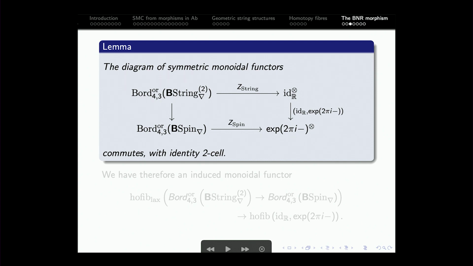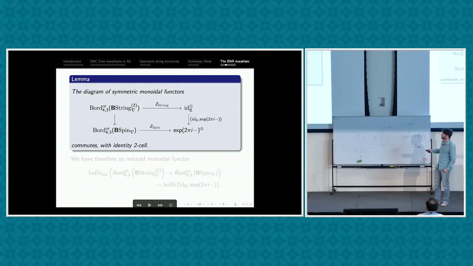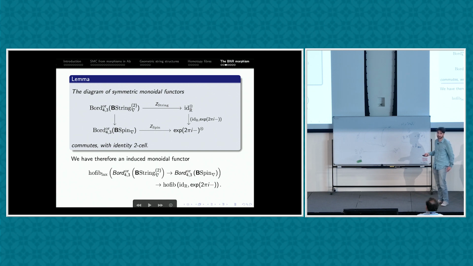And here I have that commutative diagram giving these morphisms of symmetric monoidal categories. And this commutes. If I have a commutative diagram, this will induce a morphism between the homotopy fiber on the left and the homotopy fiber on the right. Just abstract nonsense: I have a morphism between two things, I take fibers over the same point, and fiber goes to fiber.